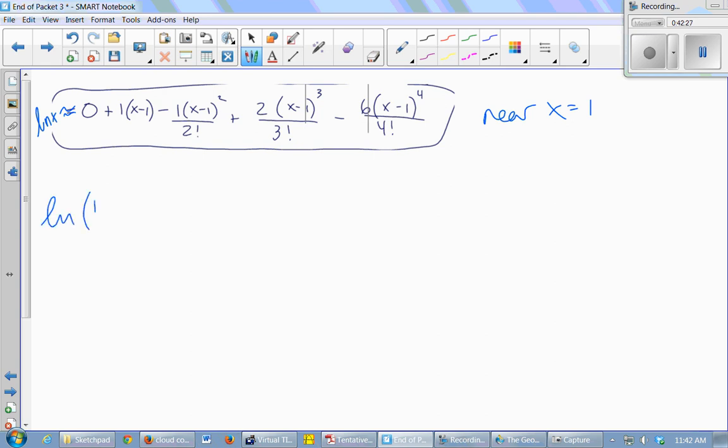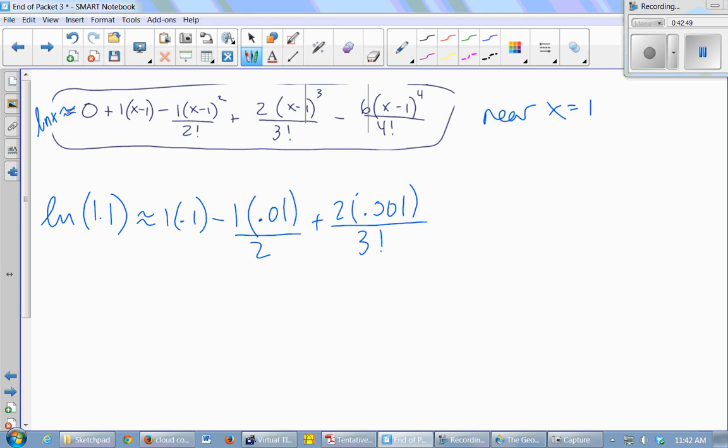So I could say the ln of 1.1 is approximately equal to 1 times 1.1 minus 1 is 0.1, minus 1 times 0.1 squared is 0.01, 0.1 cubed is 0.001, and 0.1 to the fourth is 0.0001.